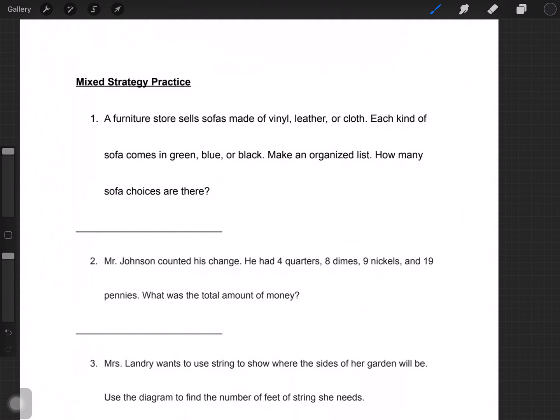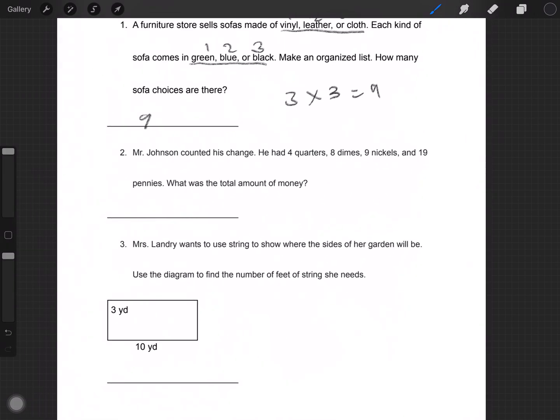We have the material and also the color. So you have 1, 2, 3 materials and 1, 2, 3 colors. 3 times 3 is equal to 9.